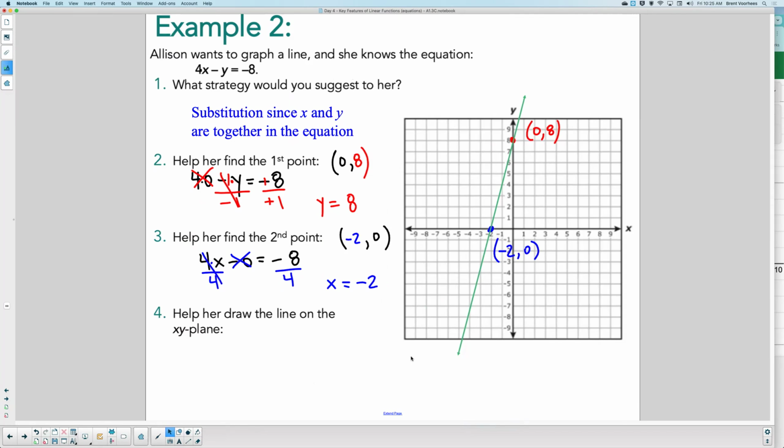There you go. That's how, those were our steps there. Okay, so earlier, those were our 2 steps that we did, and then we used our ID badge to draw it. That was our 3rd step. This one, we just had the first question here, what strategy to use, and I use substitution. Okay?